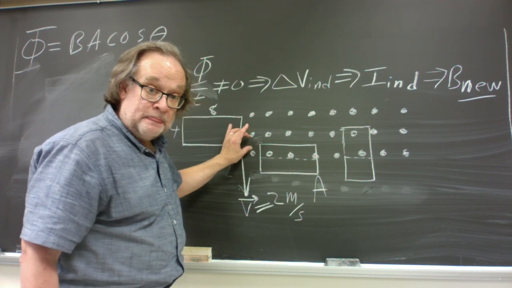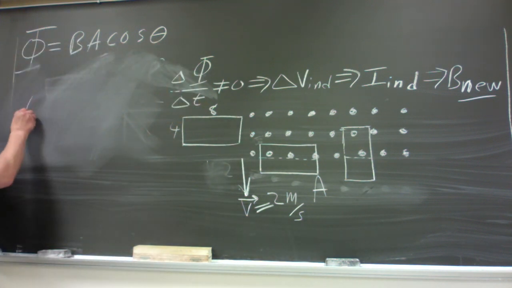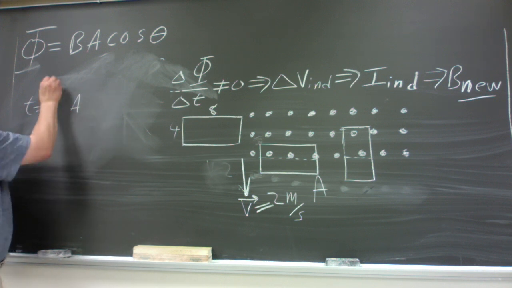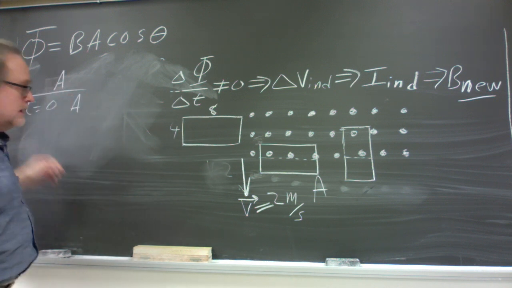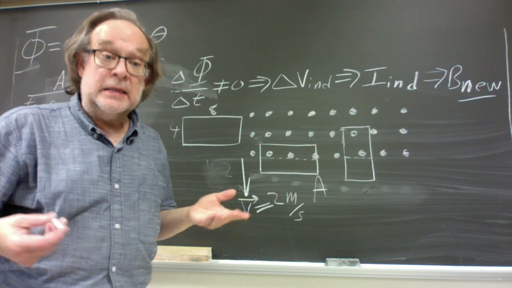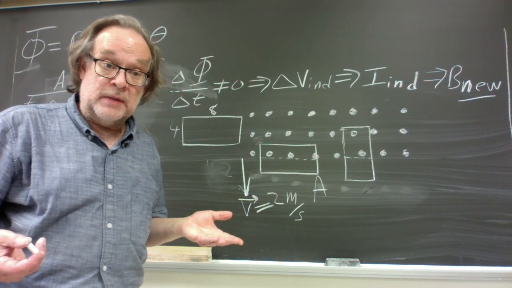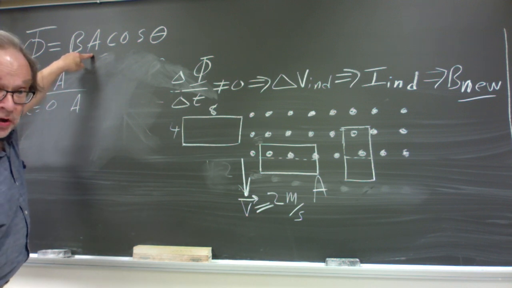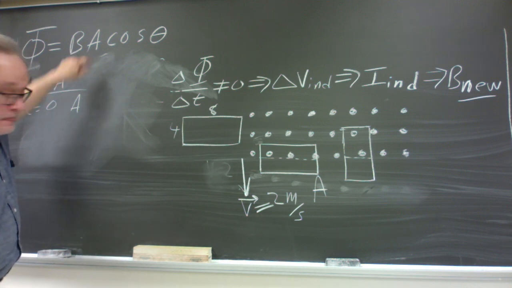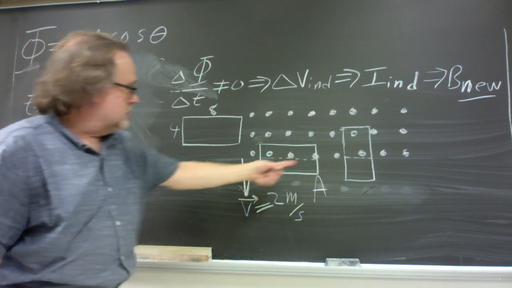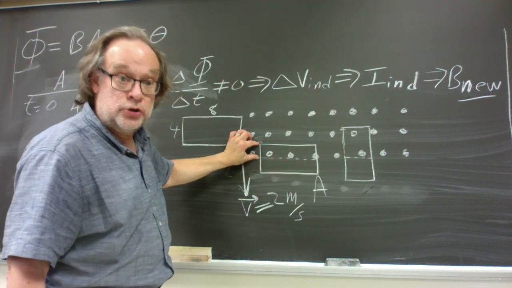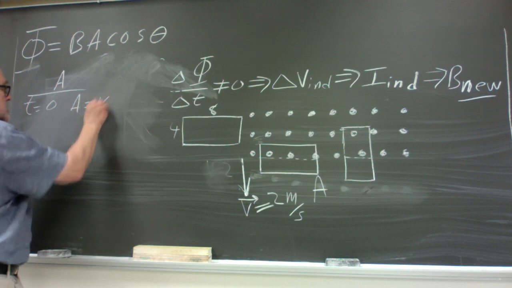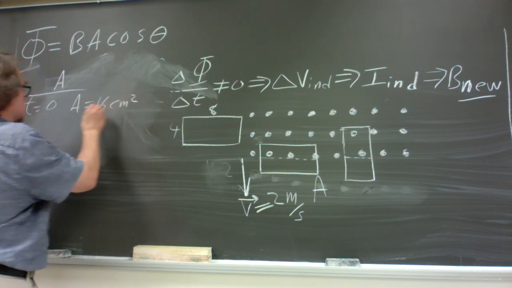So at time 0, this is all for loop A, the area inside the magnetic field, and remember, that's the area that counts here, is just 8 by 2, or 16 square centimeters.